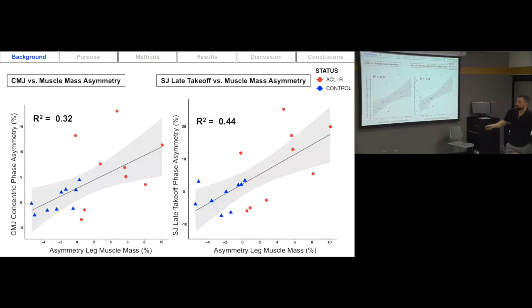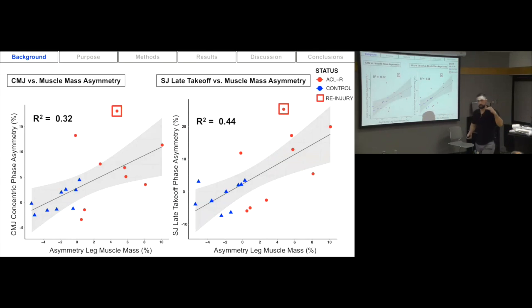What you can see for the counter movement jump concentric phase and the late takeoff phase of the squat jump is that the variation explained in functional asymmetry is less than 50% by the asymmetry in leg muscle mass. That brings up other questions, like the ability to activate muscles, or maybe there's guarding, like extra co-contraction from the hamstrings, and maybe these are contributing to functional asymmetry in some way.